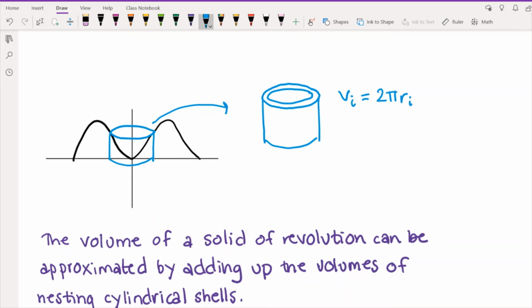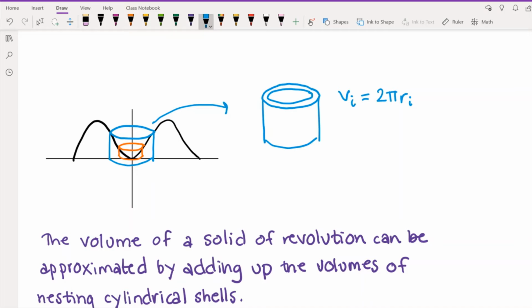That's just to refer to the fact that the radius is going to be different depending on which cylinder you're looking at, right? If you're here, the radius is going to be smaller than it was in the blue one, right? So when I say V_i and r_i, that's just a way of denoting maybe we're talking about the first cylinder, maybe the second one, maybe the third one, and each of those is going to have a different radius. So the volume of the first one will involve r_1, the volume of the second one will involve r_2, and so on.